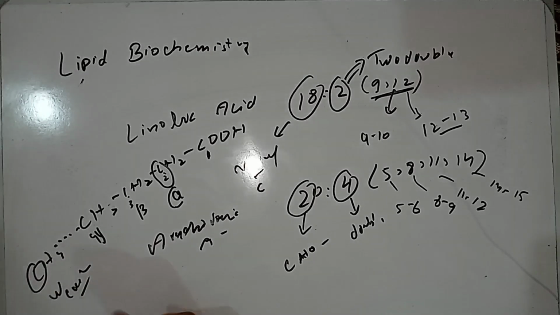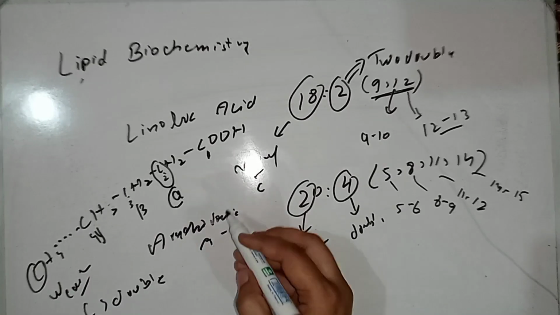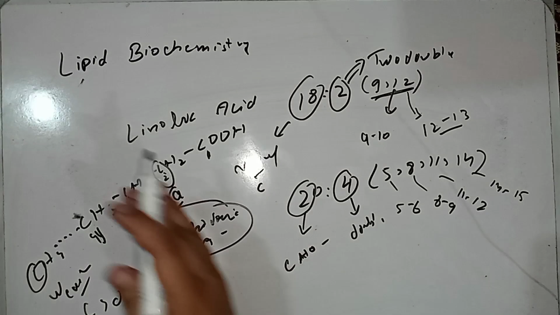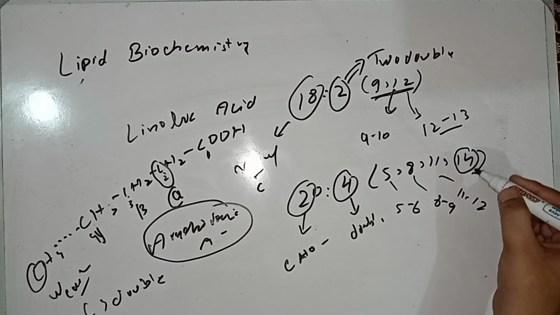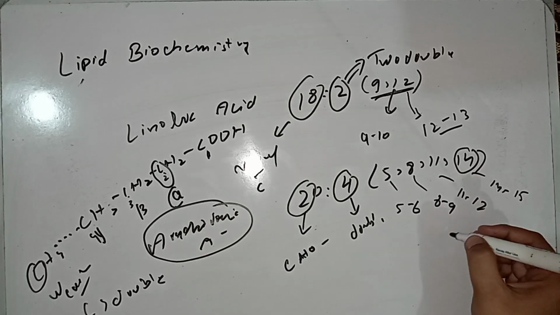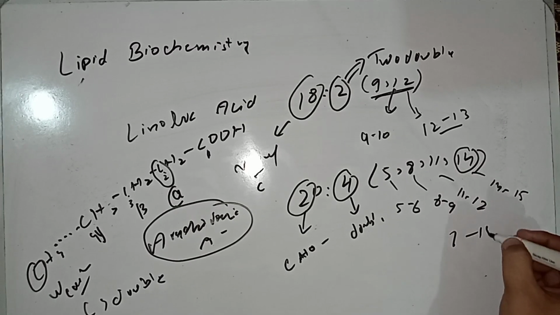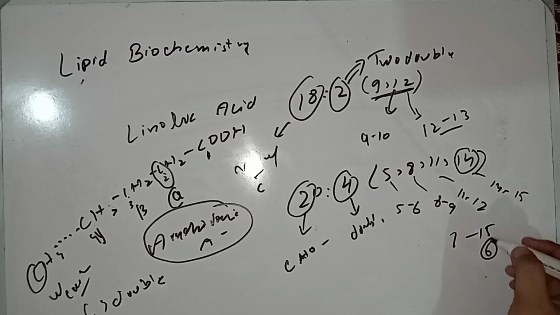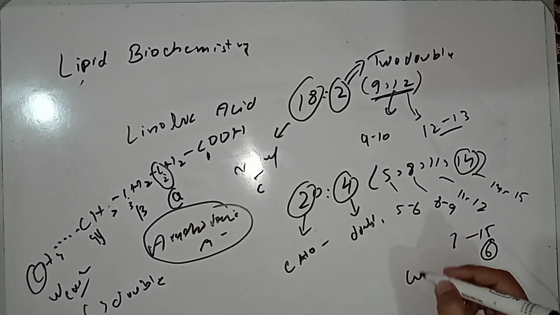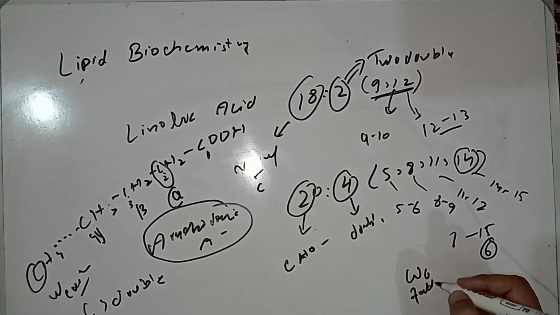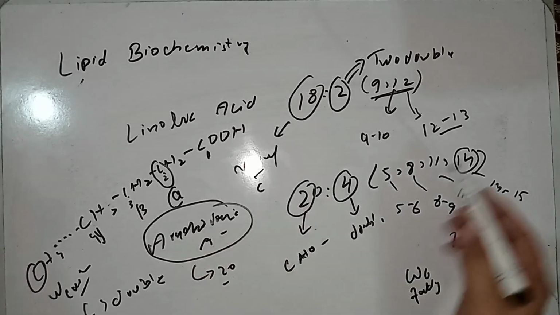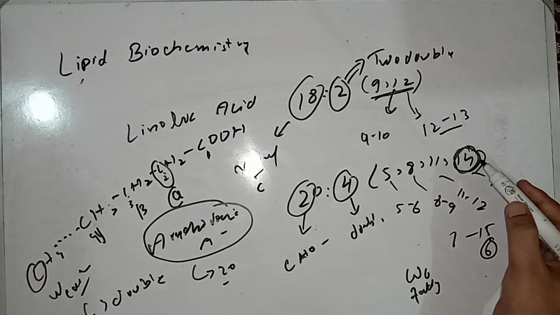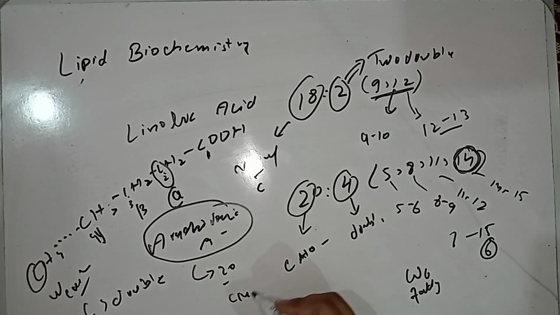We can count the double bonds from omega end as well. For example, if in arachidonic acid we count the double bonds from the other end, then from the other end this 14 comes at the 7th carbon atom, and 15 comes at the 6th carbon atom. So it comes out as an omega 6 fatty acid as well, because arachidonic acid has 20 carbons, so its last double bond is between C14 and 15.